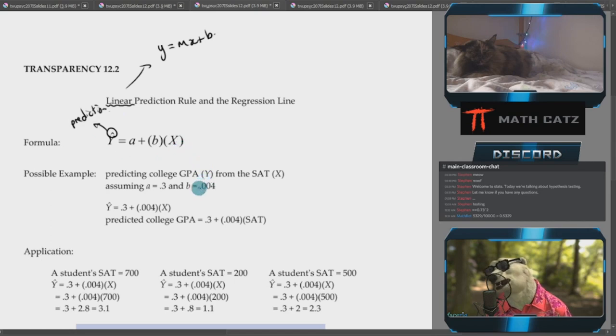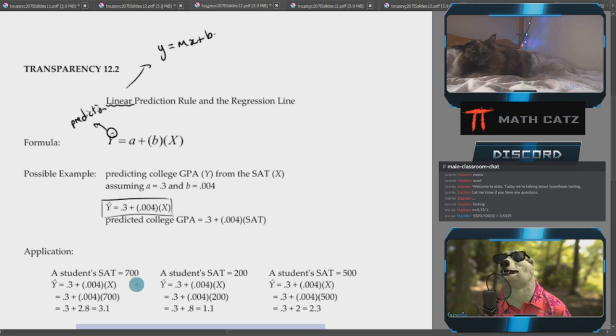So we have many examples, but one possible example for the a and the b value is a could be 0.3, b could be 0.004, and then I have my formula over there to use to predict a college GPA given the SAT score.